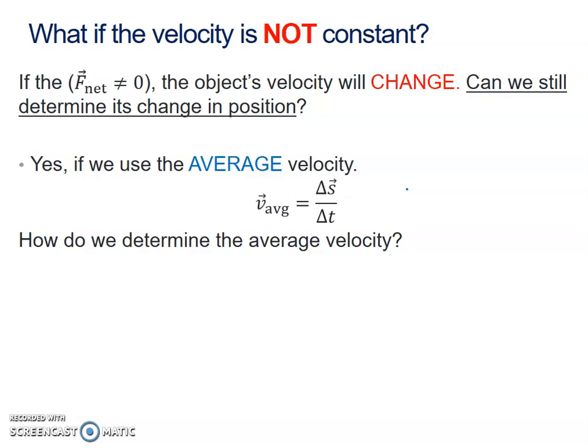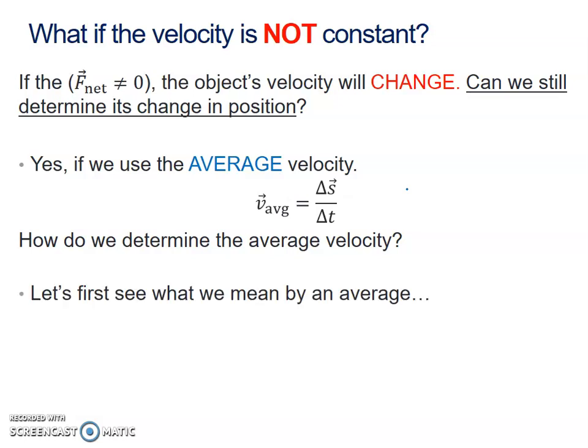Well, let's talk a little bit about what average is, first of all. An average of a test in a class is not the same, by the way, as the mid-range score in a class. So if I have a class of students I give a test to, and the highest grade is 95, and the lowest grade is 35, would the average be 65?